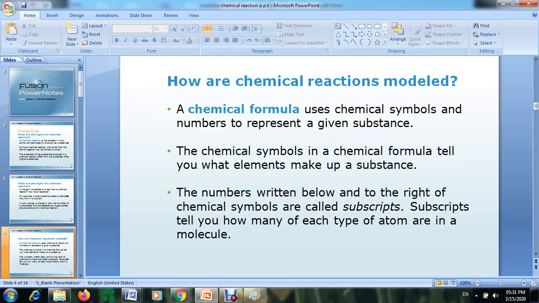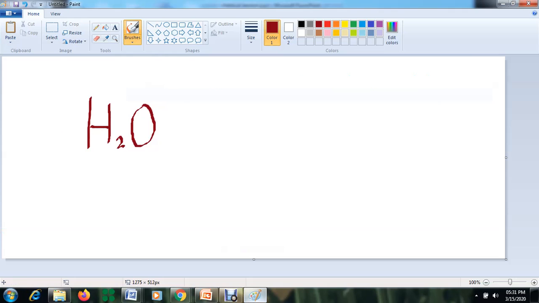To understand the meaning or the definition of a chemical formula, look at this example. Here you have H2O, which is water. Instead of writing water, we wrote H for hydrogen and O for oxygen, the components of water.